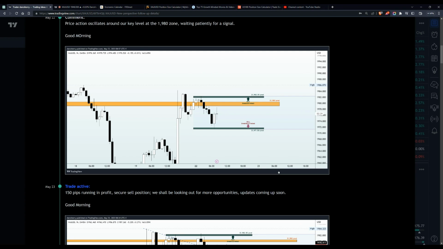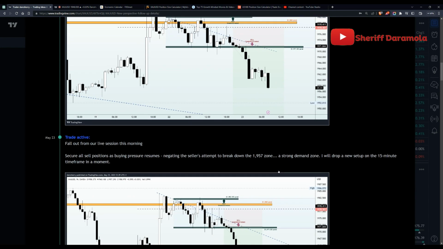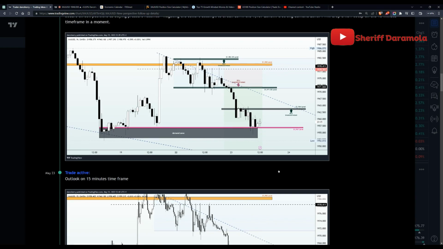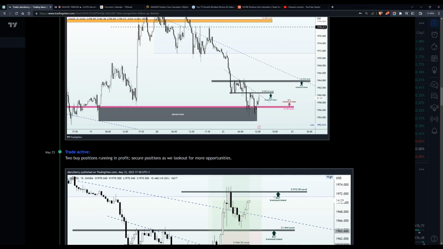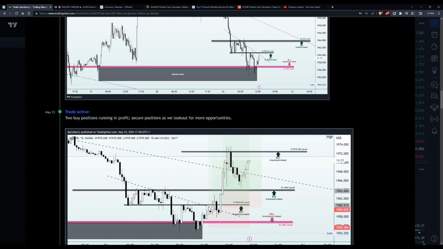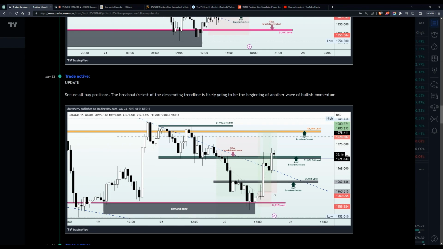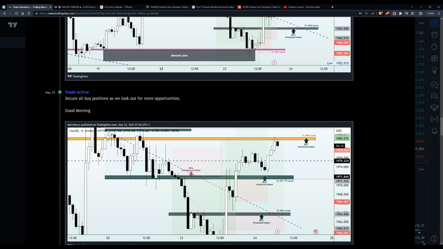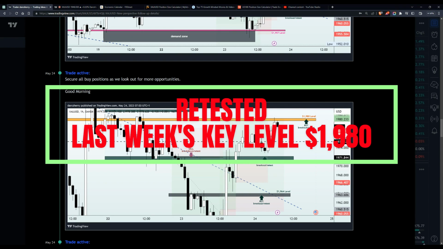So with a sell stop order below the 1971, we had our first sell position for the week triggered, and we were lucky enough to move all the way to the downside. Then as soon as price action got into that demand zone, we anticipated some buying opportunities as well, which gave us about 100 pips thereabout, before another wave of bearish momentum happened after price action went back and tested our key level at the 1980.